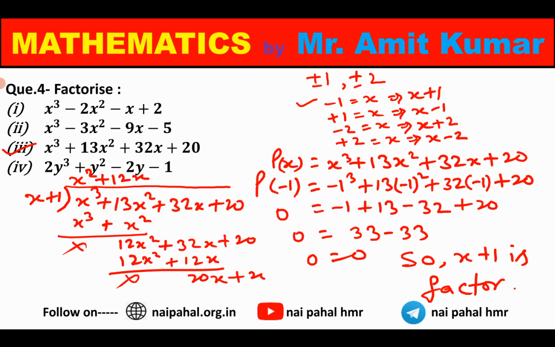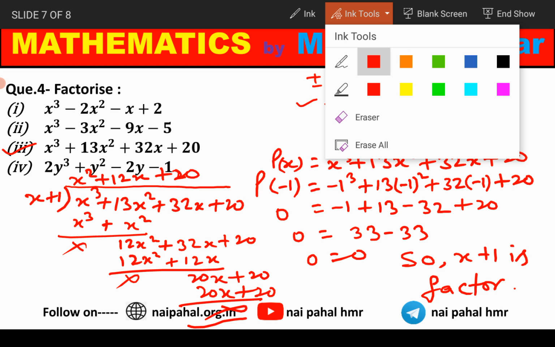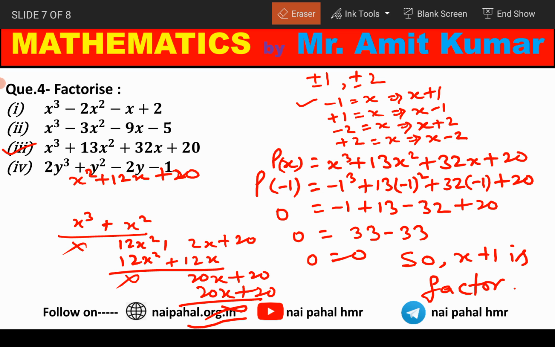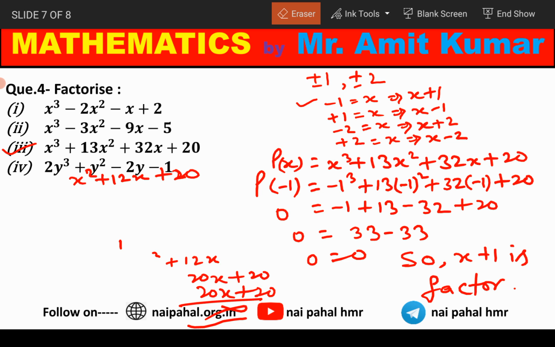Let's check it with the first part. So if we take the value of x as minus 1, so write p(x) as given, p(x) is equal to x power 3 plus 13x square plus 32x plus 20. So let's take x as minus 1, cube of minus 1 plus 13 multiplied by square of minus 1 plus 32 multiplied by minus 1 plus 20.